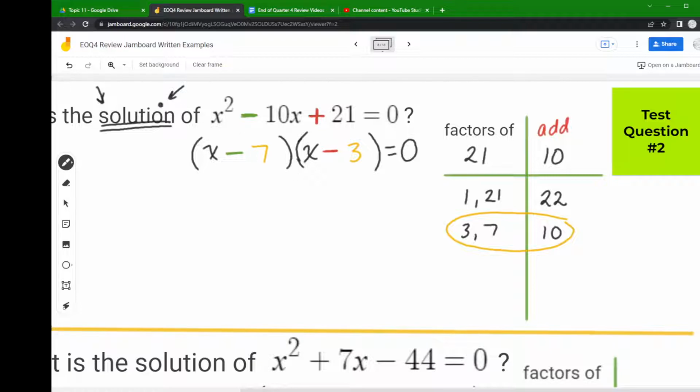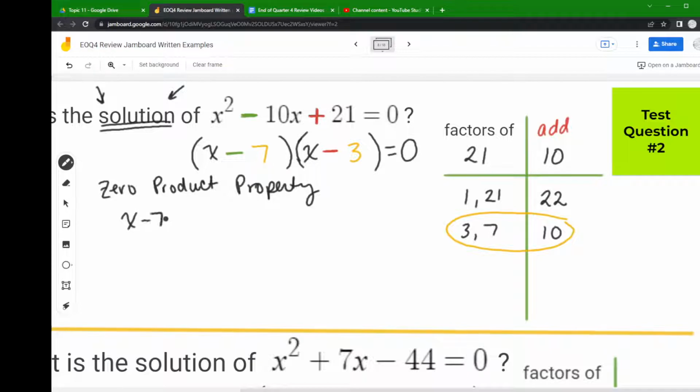All right. So to find the solution, we're using something called the zero product property. The zero product property says if you have two things that are being multiplied together, and the product is 0, then either one or both of these has to equal 0.